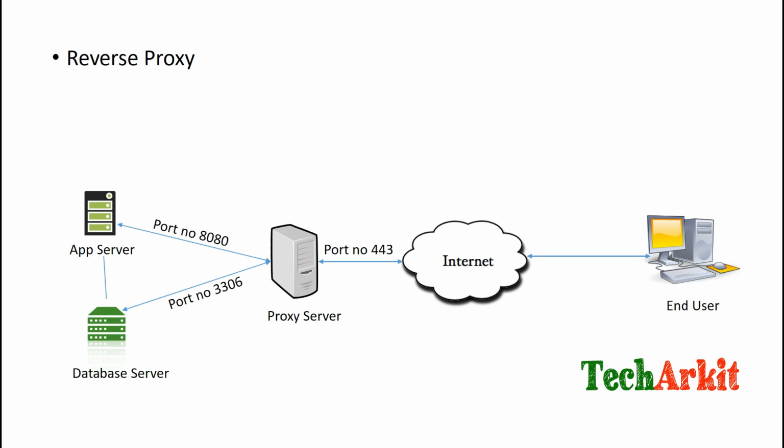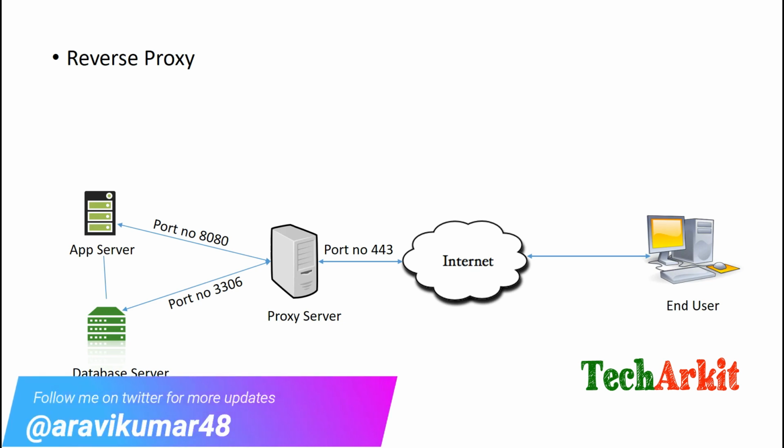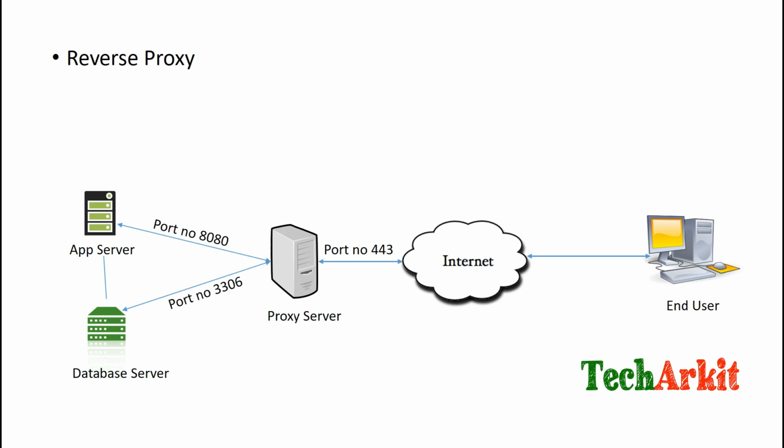So I put a proxy server in front, and whatever the end user requests for the web server content comes to the proxy server, and it redirects to the app server or the database server based on the request.